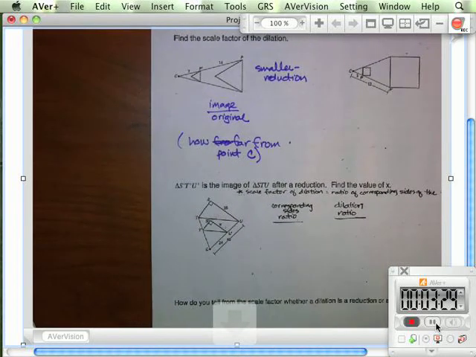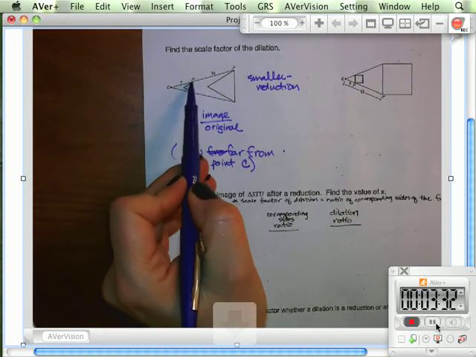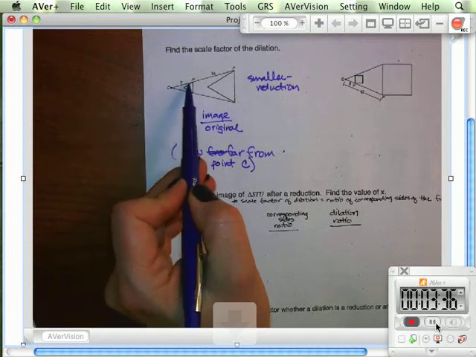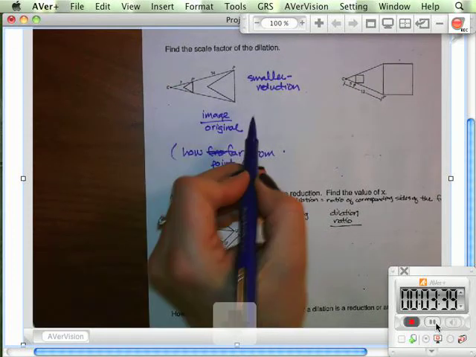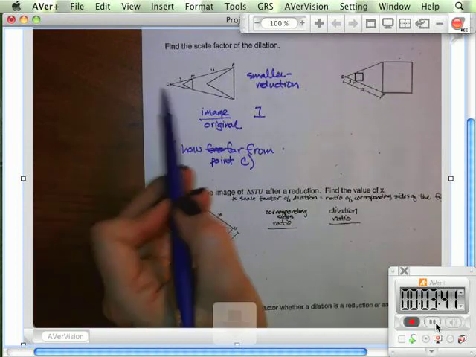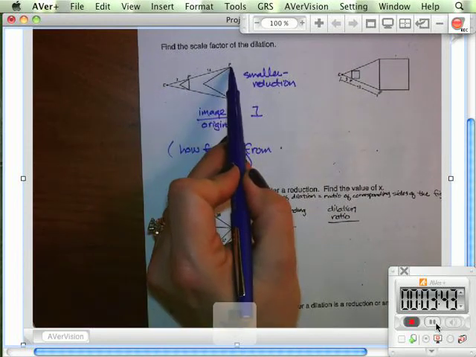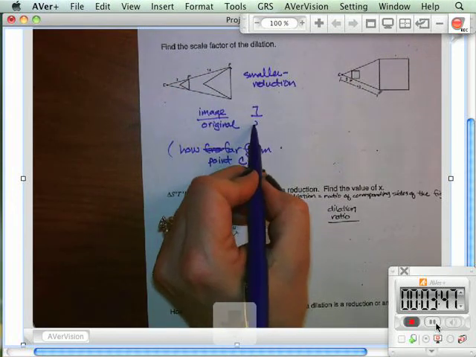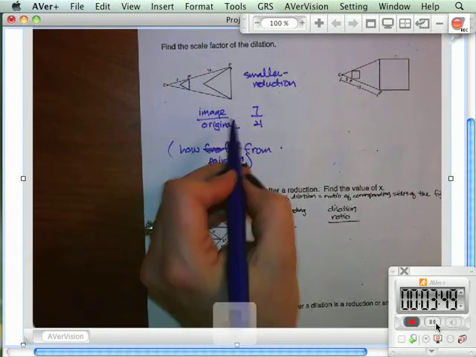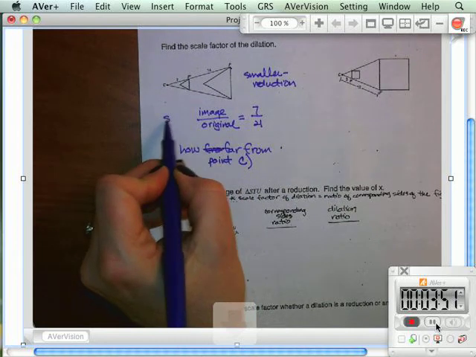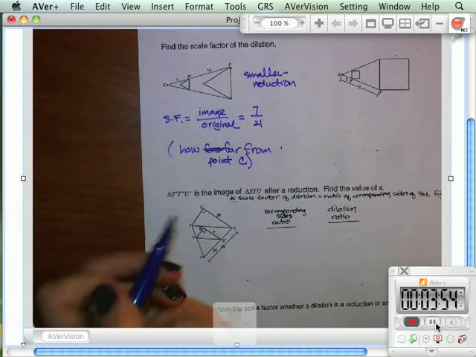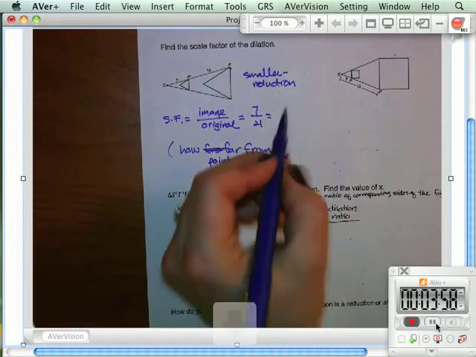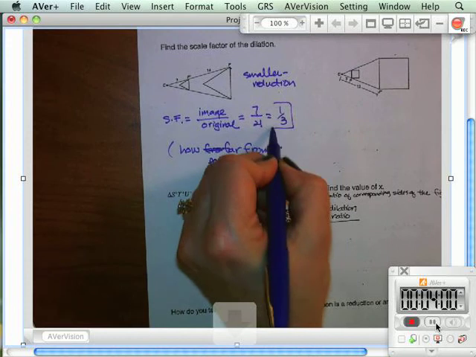How far is P prime from point C? 7, divided by my original P. How far is that from point C? 21. So this is going to give me the scale factor. And if I reduce that, what is it? 1/3. So that's the scale factor.